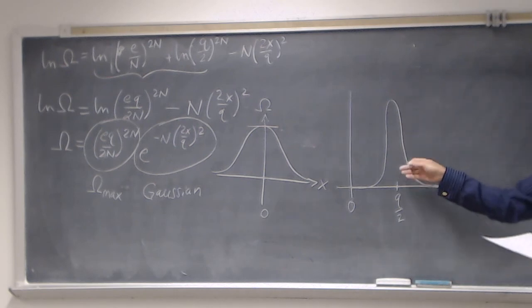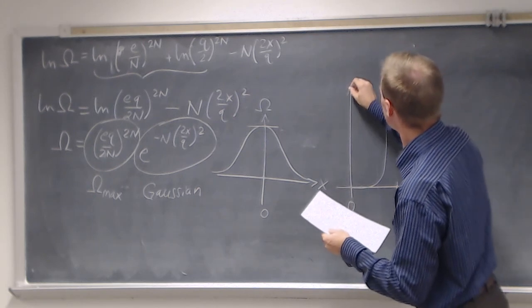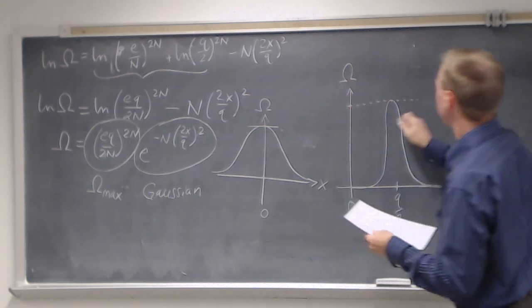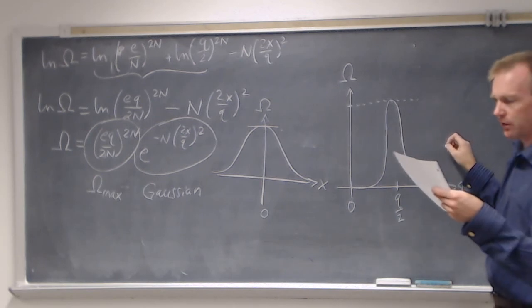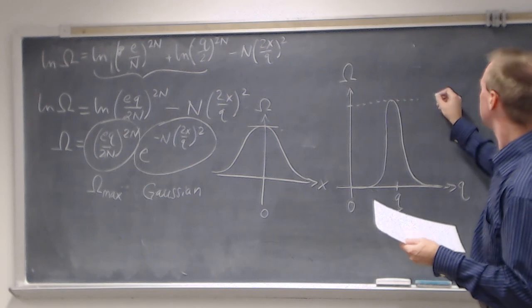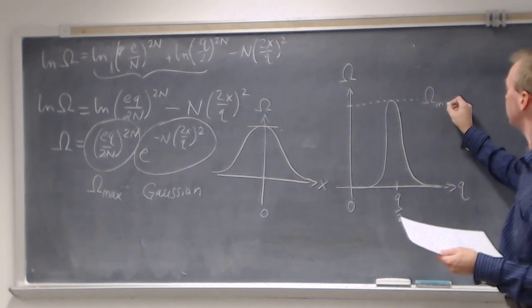And this being a large system, it's got a narrow peak. And the maximum value, again, is the same thing, (eq over 2n) raised to the 2nth power.